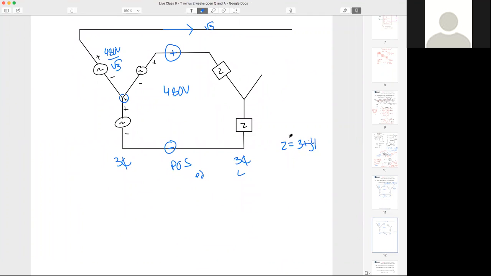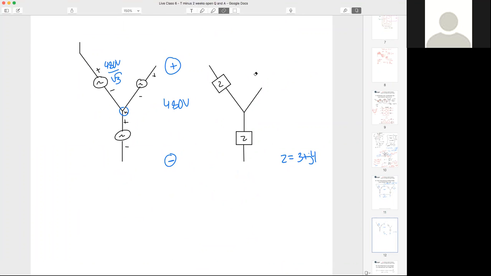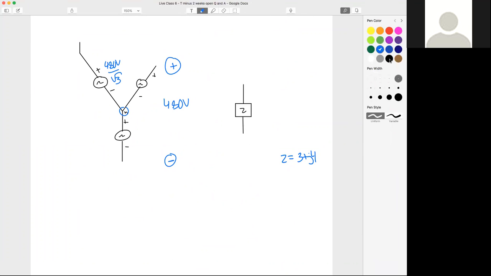Now, we've got a single phase load. We're going to use the same value for impedance just for fun, but it doesn't really matter. Now let's go ahead and connect this single phase load.